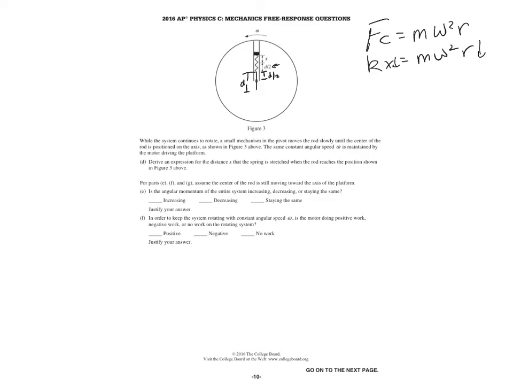So we end up getting kx is equal to m omega squared (d plus x).